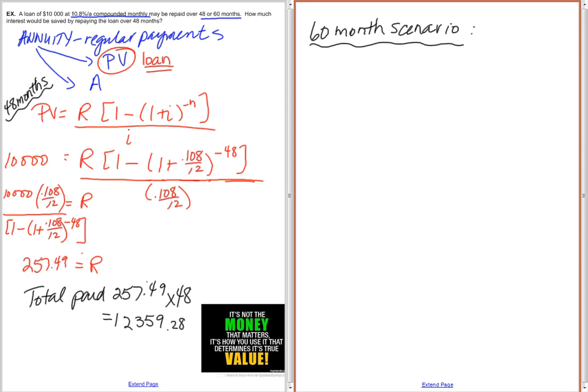For this one, it's also a present value loan, where the loan is $10,000. The R is going to be different for this one. The interest rate is the same, but we're going to do it over 60 months.